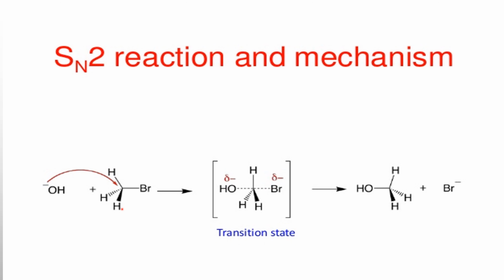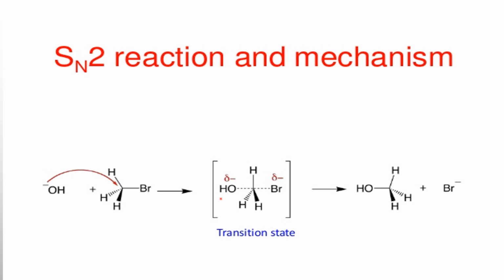This hydrogen with thick line is in front of the plane of the carbon or above the plane of the paper. Now this OH minus nucleophile attacks the tetrahedral carbon atom from this side. Now this side is opposite to bromine. That means it is called backside attack. So the nucleophile in this reaction attacks from the backside in the same step.